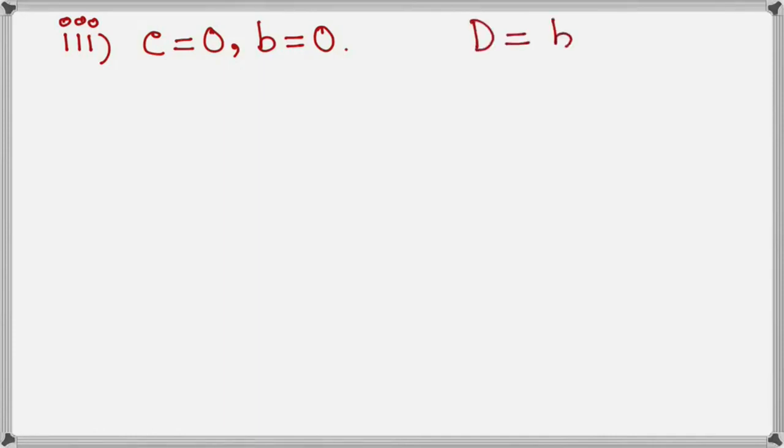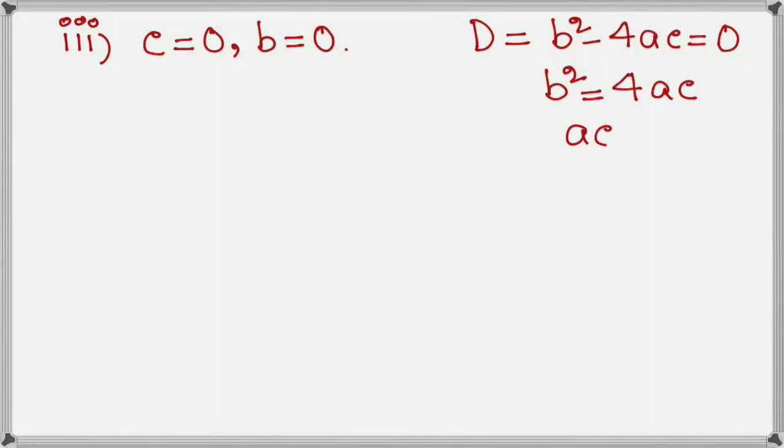Now our third subcase is c equal to 0 and b equal to 0. This is the last subcase in this case because D equal to b squared minus 4ac is equal to 0. That means b squared is equal to 4ac. And since b squared is always bigger than or equal to 0, we have ac bigger than or equal to 0. And as a is always strictly bigger than 0, we get that c is bigger than or equal to 0.